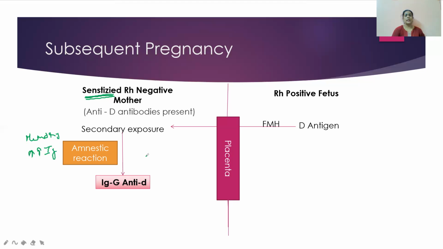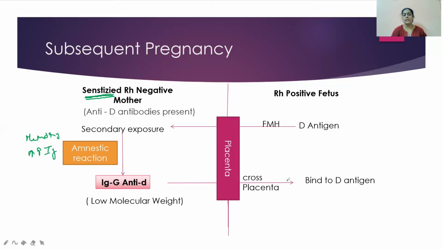These IgG antibodies are of low molecular weight. So definitely the placenta is not a complete barrier. This low molecular weight IgG crosses the placenta and comes to the fetus. So what happens in the fetus? The anti-D crosses the placenta and binds to the D antigen.